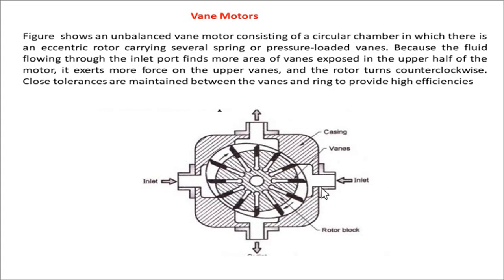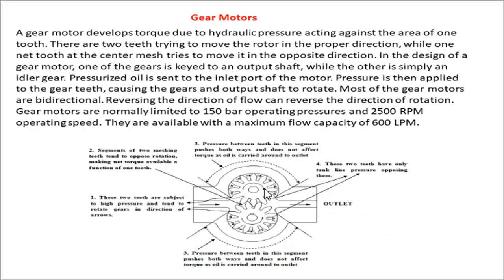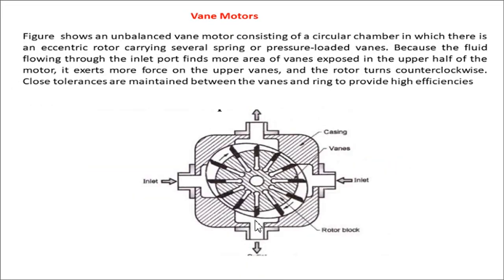From the sides the fluid enters, and at the area where the gap between the rotor and the elliptical casing is minimum, there lies the output port. From there the fluid moves to the delivery side. So there is not much operational difference between a vane motor and a vane pump.